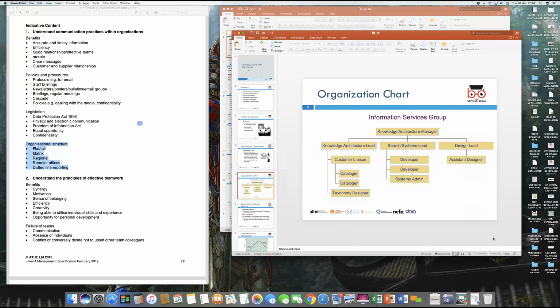Now, an example we picked up is a department within an organization which looks after something called information dissemination within a company. If you look at Unilever as a brand, they have a lot of products. It's a very large company, and within the company there is a department called the Information Services Group.